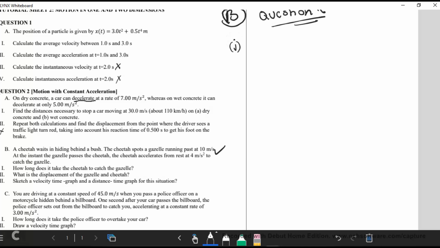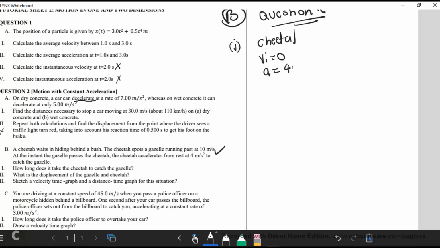So first of all, let's get the data. We have the cheetah that was waiting for the gazelle, so the initial speed here is 0, because it was waiting. And it also says it started from rest, so the initial speed is 0. How about the acceleration?